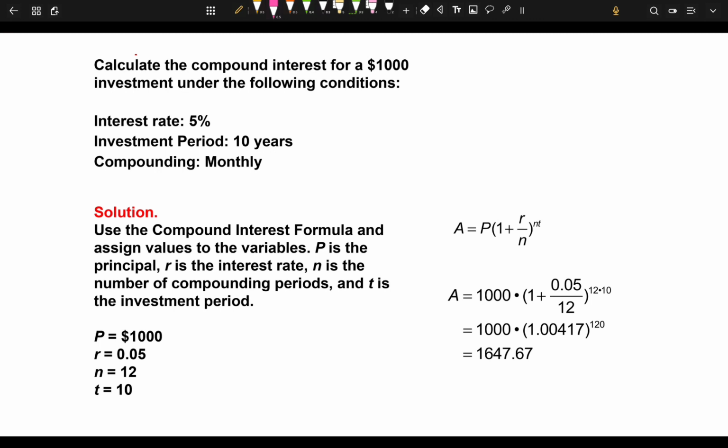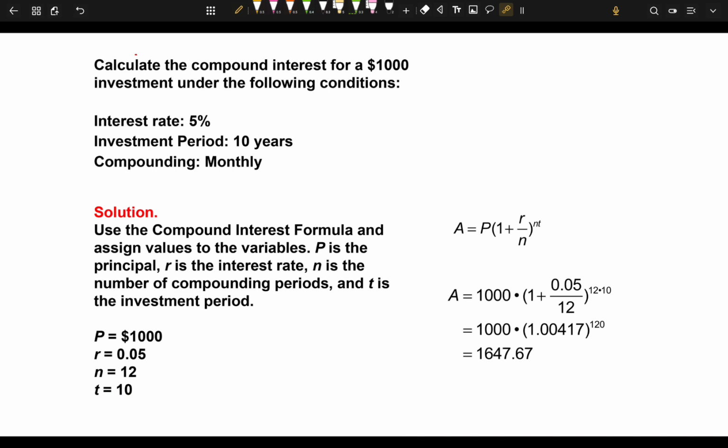So, principal natin is $1,000, R natin is 0.05 in terms of decimal, and compounded monthly, that is 12, and time natin in years is 10.